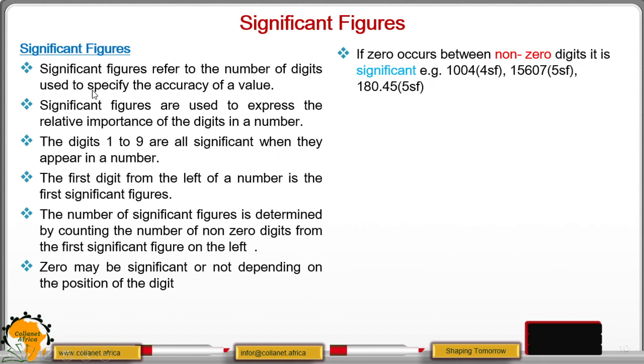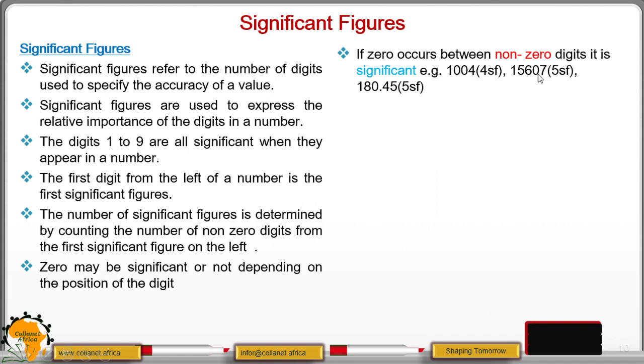So for you to know the number of significant figures in this value, you count from the first non-zero digit here because it is the most important, the first significant figure, and then you count towards the right side. So you have 1, 2, 3, and 4. So this one is correct to 4 significant figures.